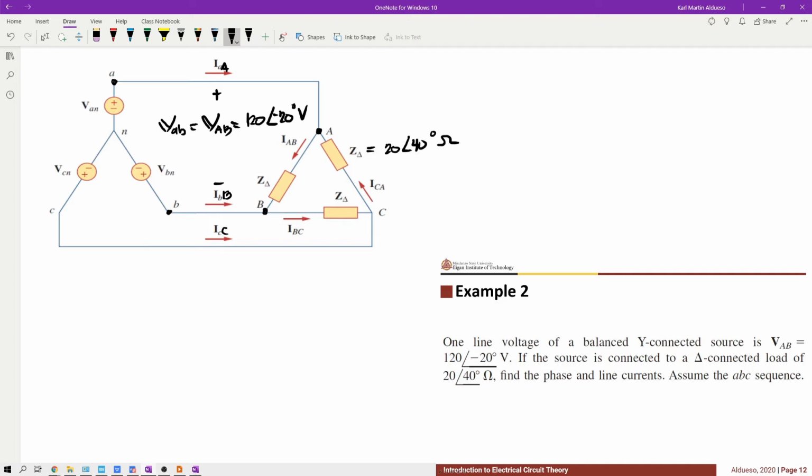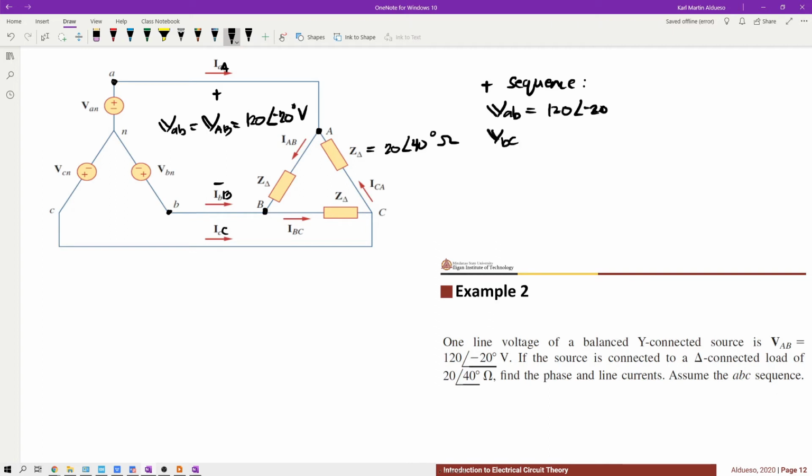We can easily find the phase currents. So assuming the positive sequence, we have VAB equivalent to 120 with angle of negative 20.